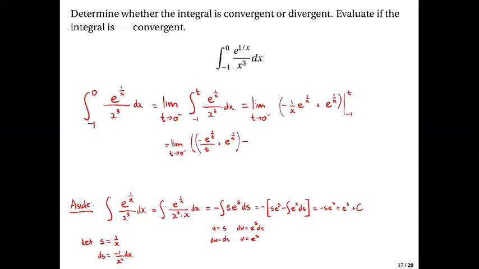Minus, at negative 1, we'll just have e raised to negative 1 divided by negative of negative 1, that's positive 1. And then plus here, we have e raised to negative 1.